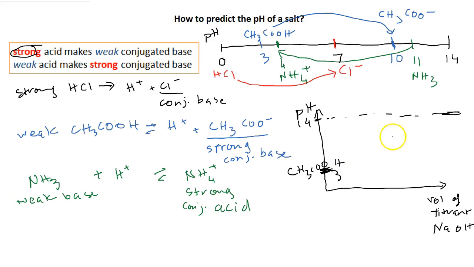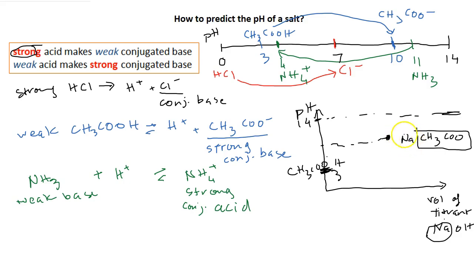Now at the equivalence point, in the middle here, what I have is Na+ and CH3COO-. I'm going to have the salt. CH3COO-, as we talked about earlier, is a strong conjugate base, so it's going to have a pH of around 10 there. Na+ is the result of NaOH, which is a strong base, so Na+ being the conjugate acid is going to be pretty weak.